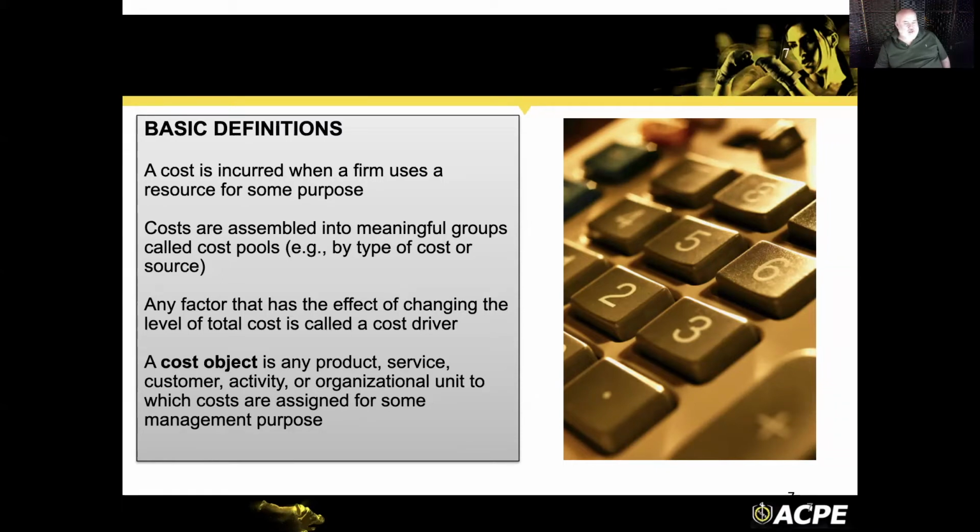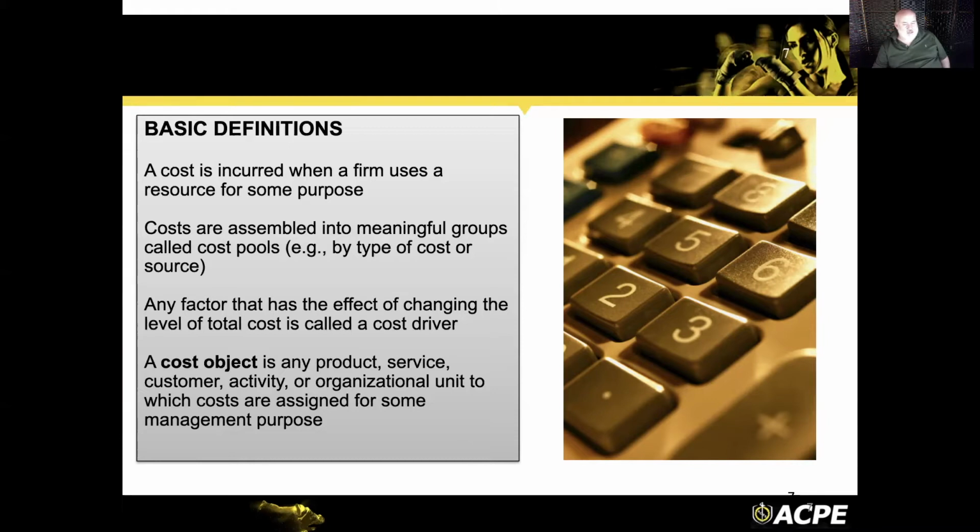So something that drives cost. For example, the total cost of flour used in a bakery, the cost driver may be the number of bread rolls baked or the number of loaves of bread. A cost object is a product, service, etc., to which costs are assigned.